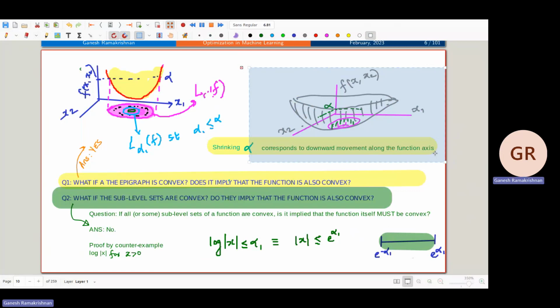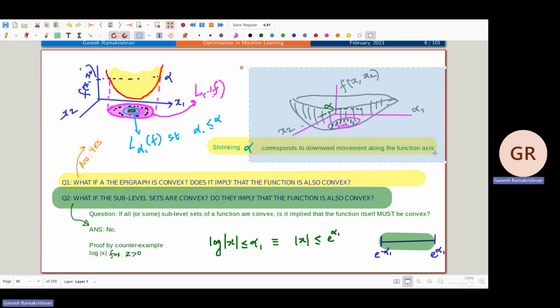So the notion of an epigraph is in the x1, x2, z plane, in three-dimensional space in this case. So this is the epigraph. Okay, this entire space above. This is the epigraph, and it's called EPF.